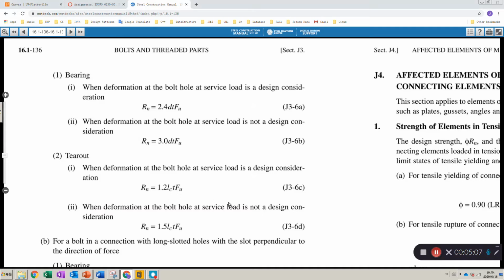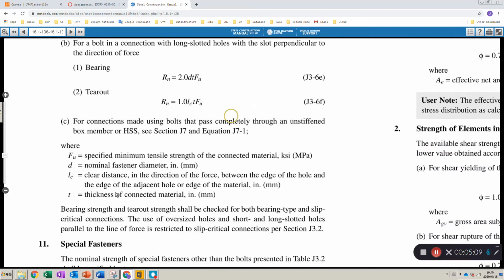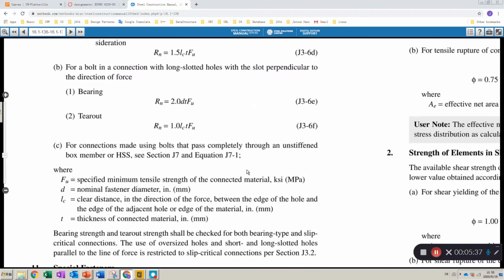The definitions are over here. d is the diameter of the bolt, and Lc is the clear distance in the direction of the force between the edge of the hole and the edge of the adjacent hole. So that's the edge-to-edge distance, Lc. And t is the thickness of the connected material.